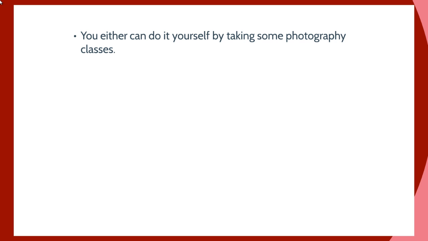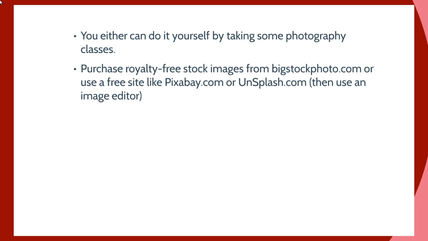Now, if that's not something that you really want to do, then of course you can purchase royalty-free stock images from bigstockphoto.com, which is essentially a humongous database of images where you can literally find images of any niche.